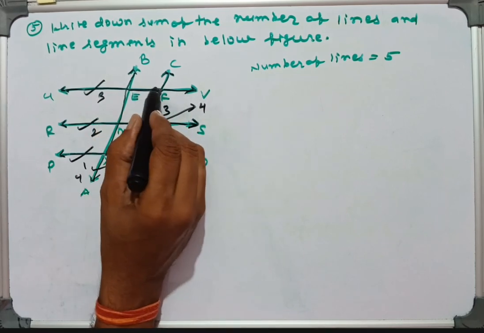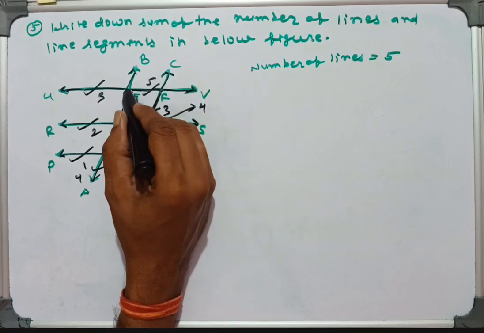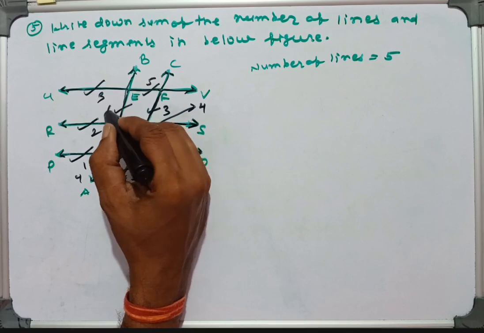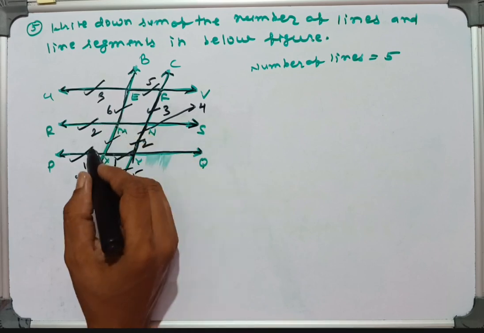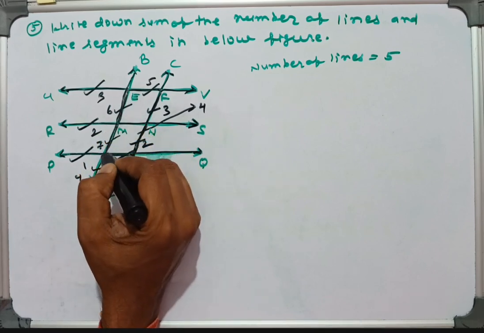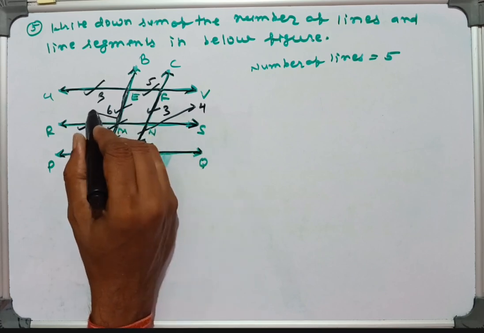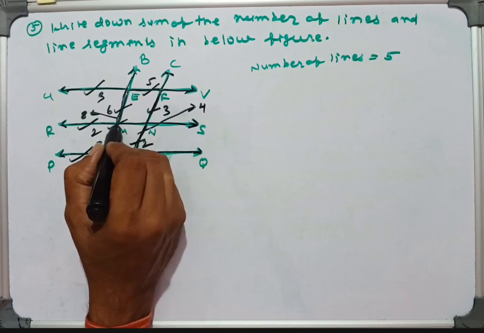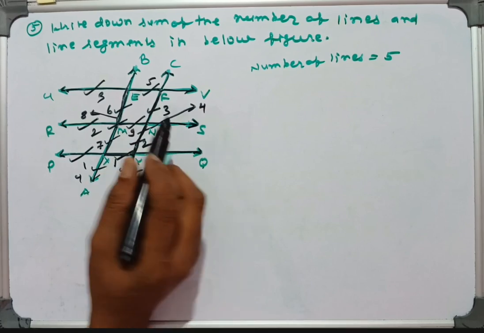Now EF is an example of a line segment, fifth one. Now EM is an example of a line segment, sixth one. MX is an example of a line segment, seventh one. Now EX is an example of a line segment, eighth one. And now what we left, MN. So this one is an example of a line segment, ninth one.